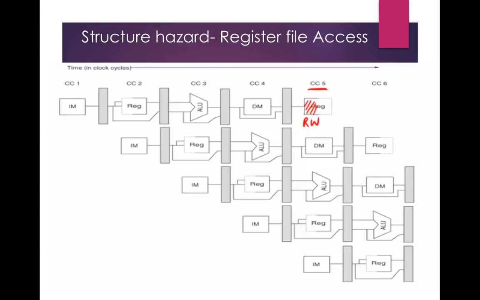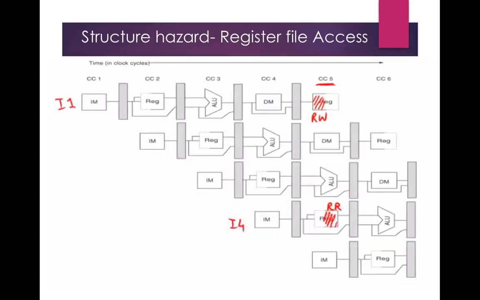What we can do is, at clock cycle 2 we are making it into two parts. One is the decoding part, another one is the read. When you see the diagram, the second portion is dark and the first portion is dotted. But in clock cycle 5, the first portion is dark and the second portion is dotted.